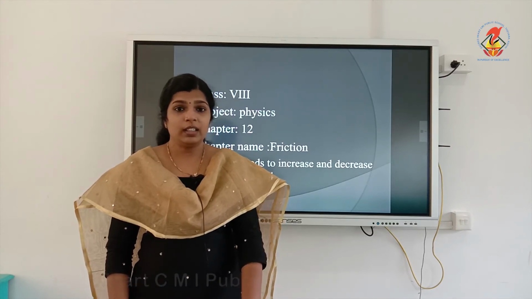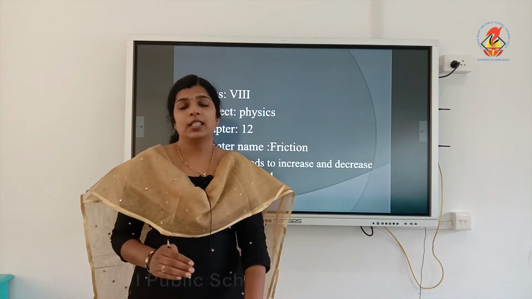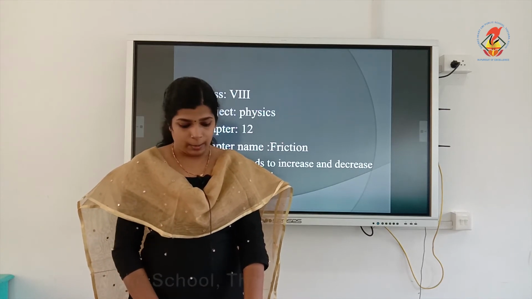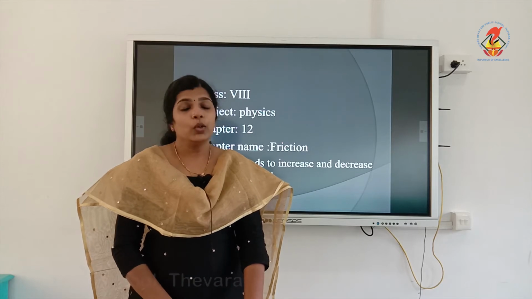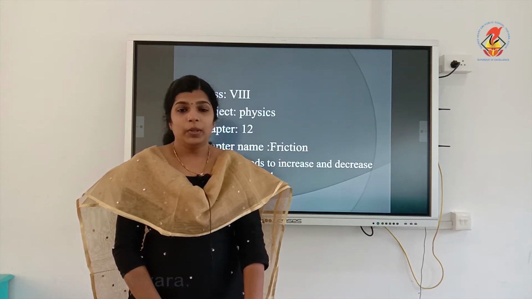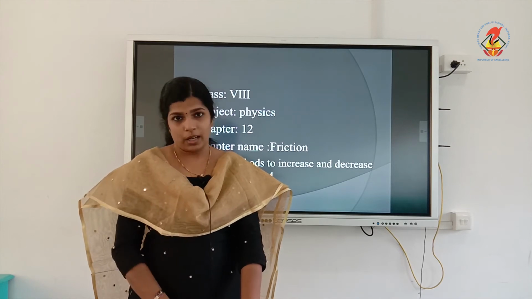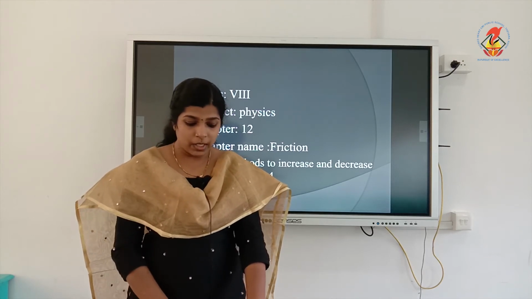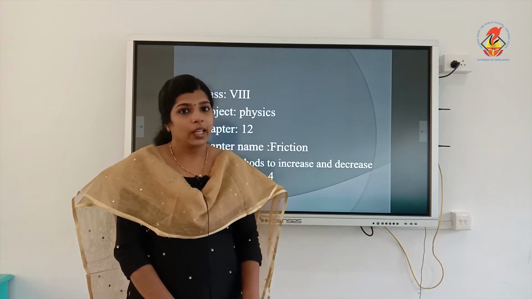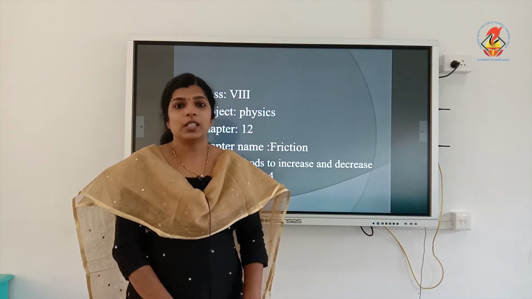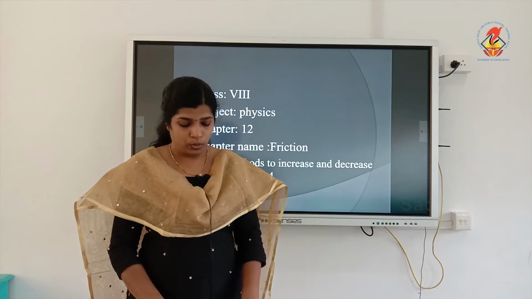Similarly, threaded tires are used in cars and automobiles. Why do we use threaded tires? Because they give a better grip on the ground. With a rough surface, friction will be more.